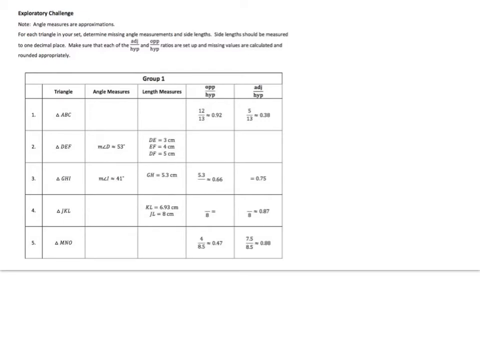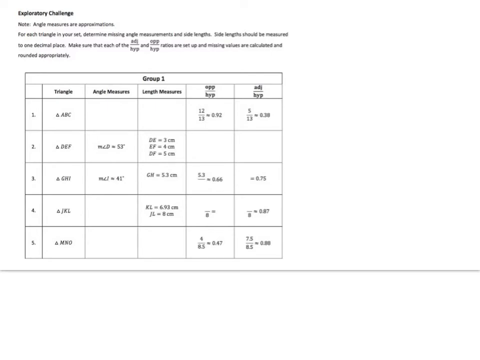Okay, here we have a little exercise. Included in this classwork set are a bunch of triangles. They're labeled Group 1 and Group 2, and they're all labeled ABC, DEF, etc. If we were in class, we would separate these triangles and let you all measure them, but we're not. So we're going to do a little exercise via video, which is all right.